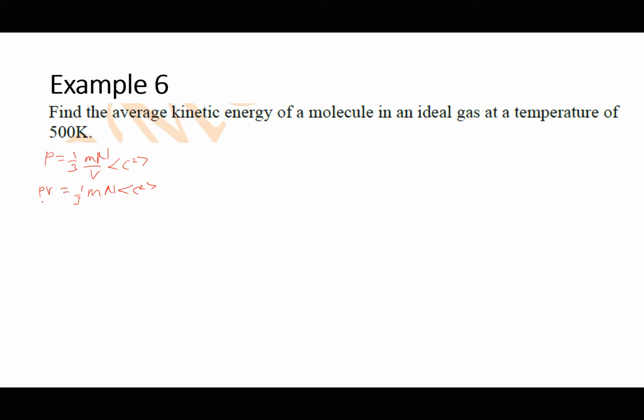I multiply both sides by a half. A half PV is equal to a third N into a half m average c squared. Remember, this is the average kinetic energy.